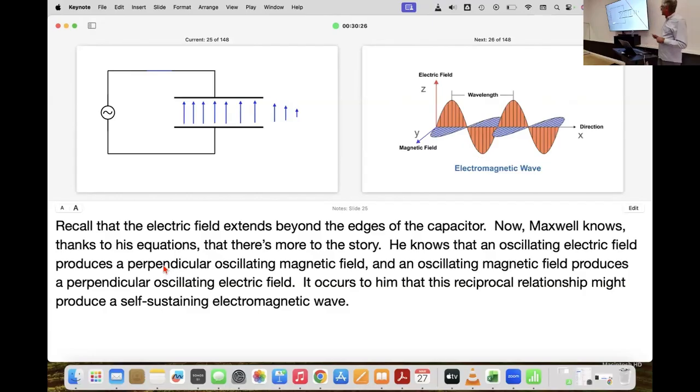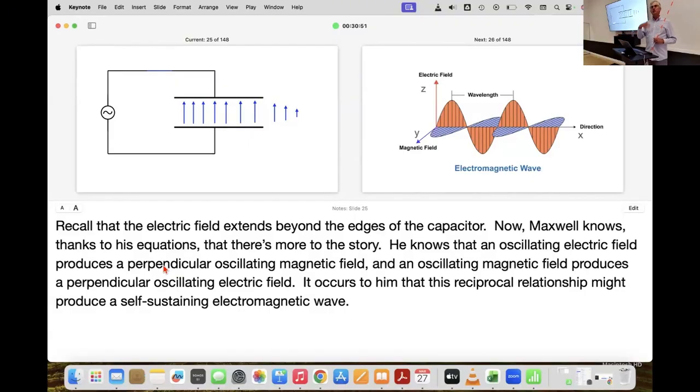Now recall that the electric field extends beyond the capacitor. But now that we have an alternating current, alternating fields, Maxwell knows there's much more to the story than what we saw earlier. He knows that a changing electric field generates a changing magnetic field perpendicular to it.